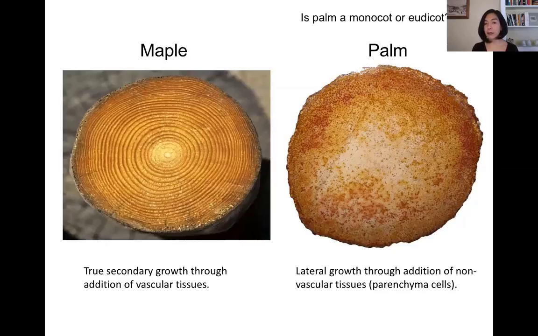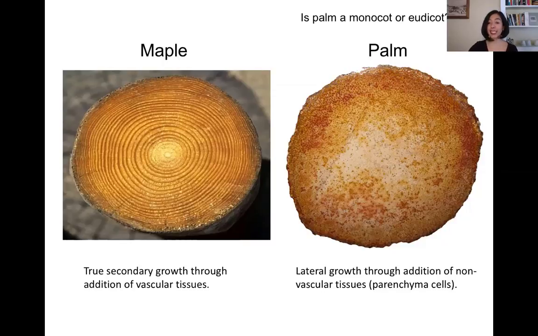Because the vascular bundles are organized scattered through the stem. So they form a type of thick trunk that provides support to palms, but that's not considered true wood, and that's not considered secondary growth. Secondary growth is only the result of the presence of the vascular cambium and the cork cambium, and palms do not have that, right?